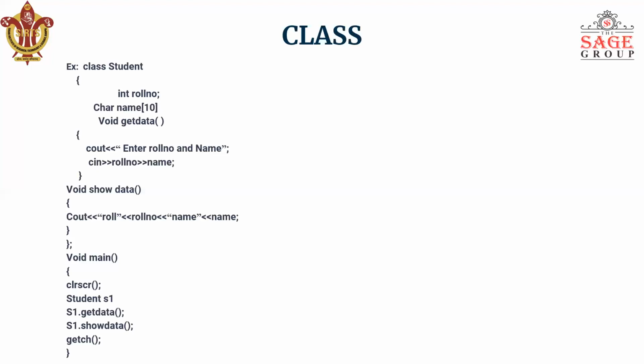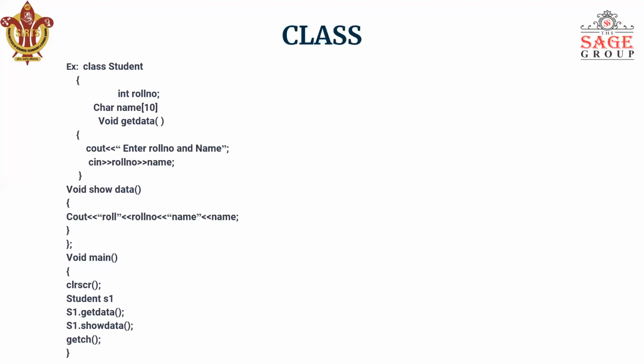Inside the main function, we simply write the clear screen function. After that, we write Student S1. S1 is simply the object or the instance of the Student class. Now, if we want to call a method of the Student class, we can simply use the dot operator.